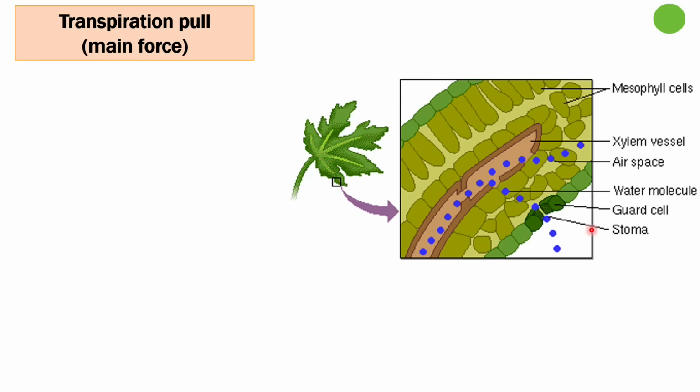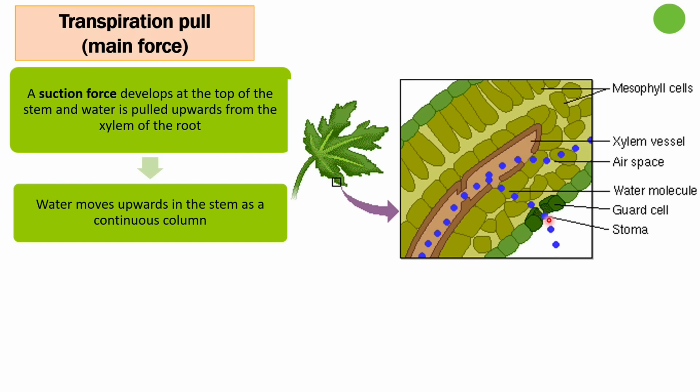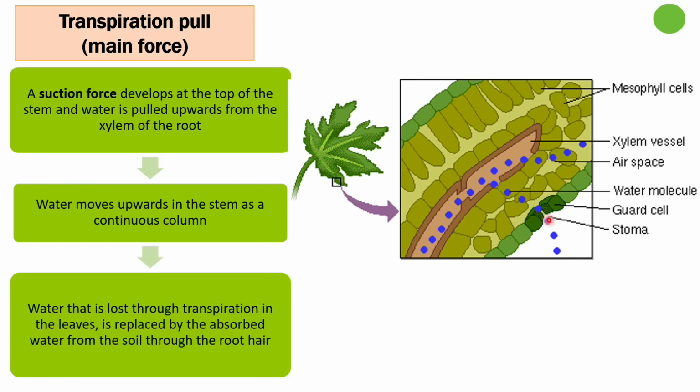Here in the image, it shows it nicely. There's this continuous movement of water particles upwards because it's replacing the water molecules that have been lost to the environment due to transpiration. So that's the main suction force that we were referring to. It's always in an upwards motion, because where do we lose water from? We lose it from the leaves.